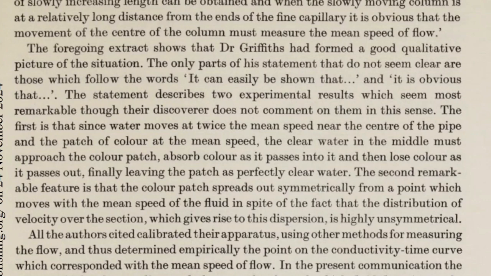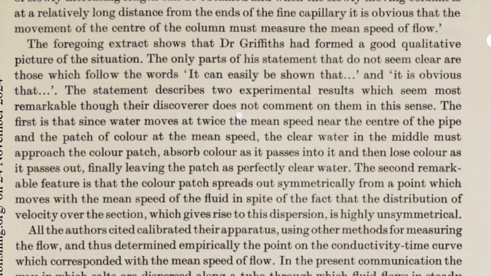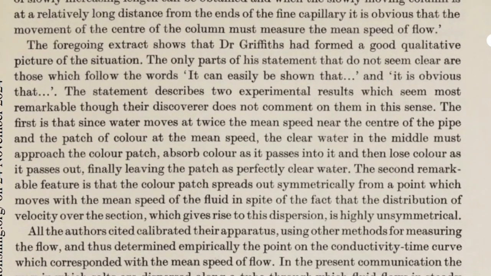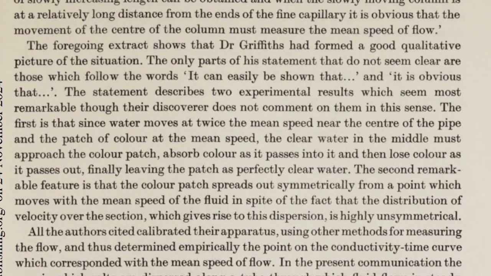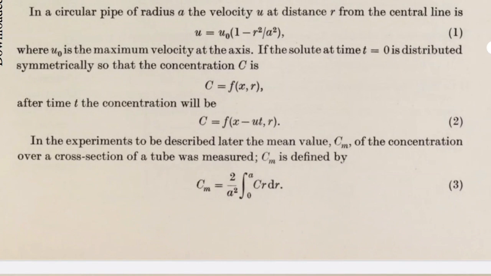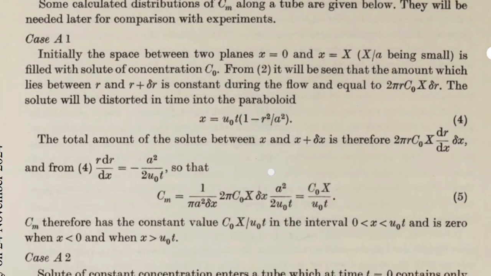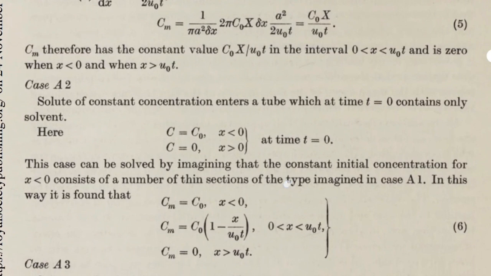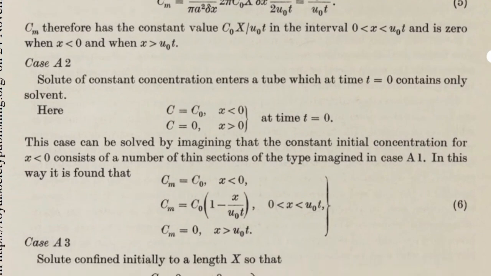And the statement describes two experimental results which seem almost remarkable, though their discoverer does not comment on them in this sense. So he's providing a bit of criticism about Griffiths' work, and then in the rest of the paper, he goes on to give a full mathematical treatment and show the entire Taylor dispersion phenomenon occurring.